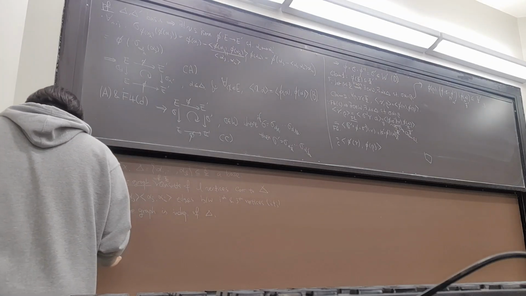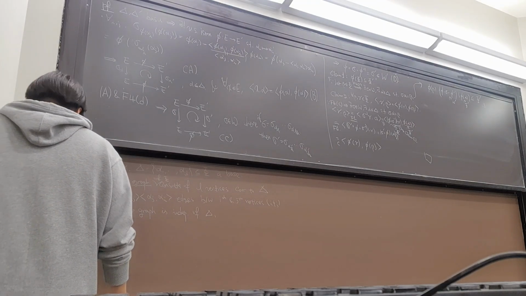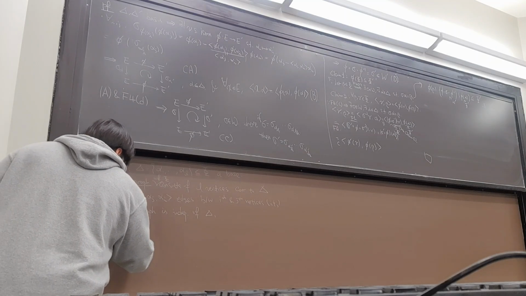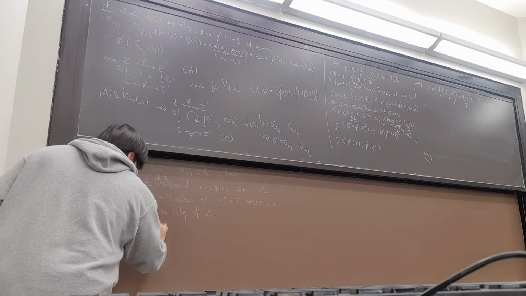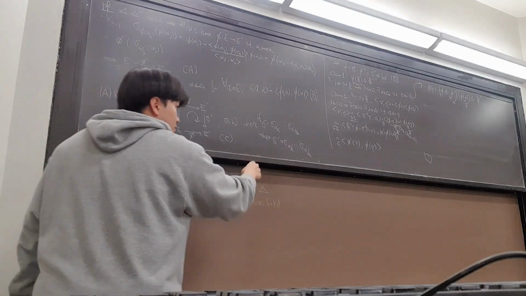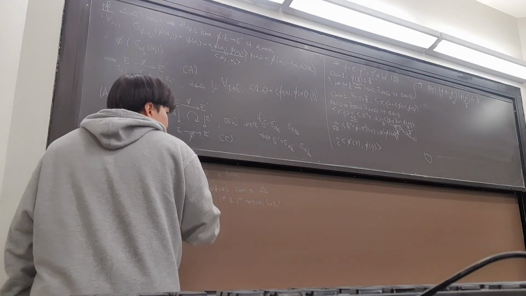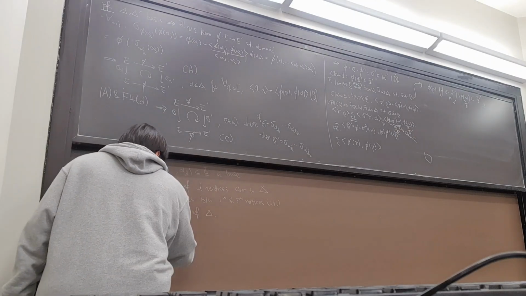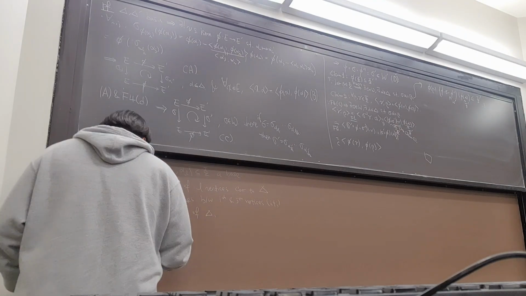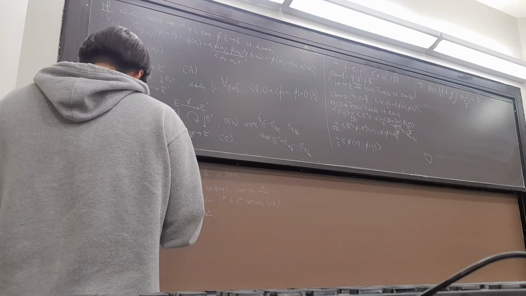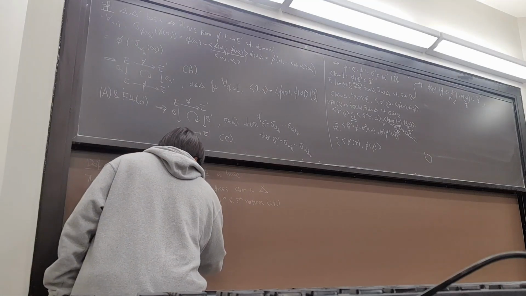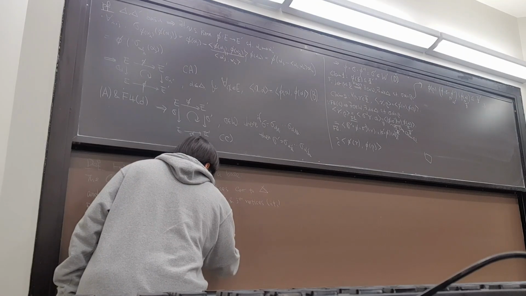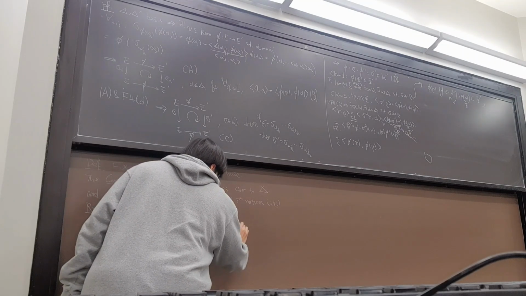This is because if delta prime is another base, then by fact C, fact B, there is this sigma in the group such that sigma delta is equal to delta prime.